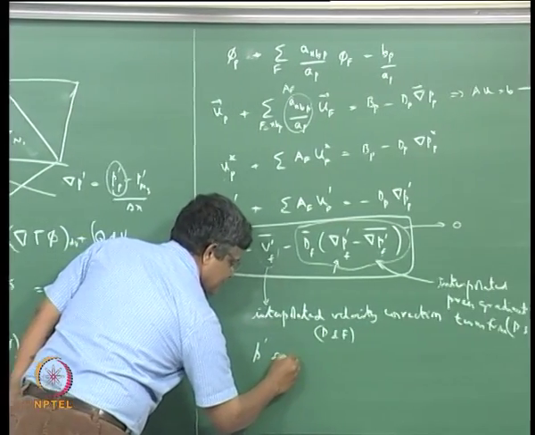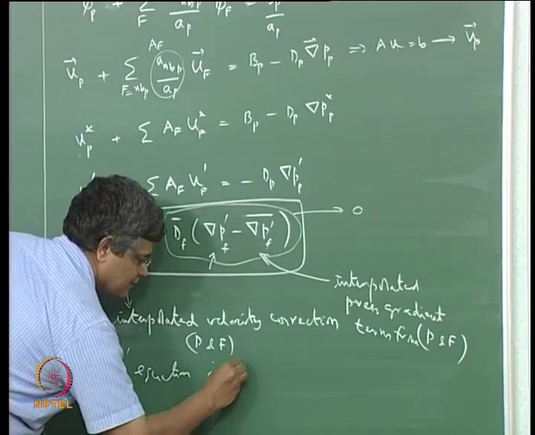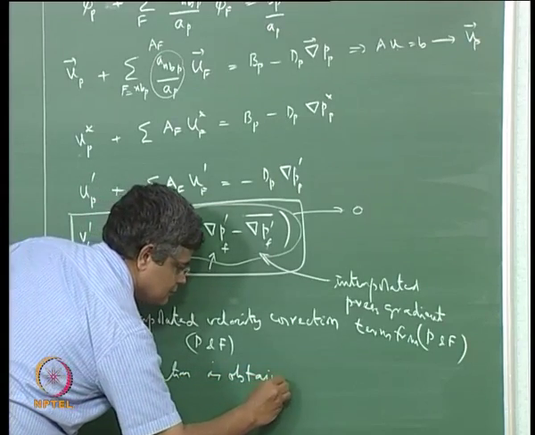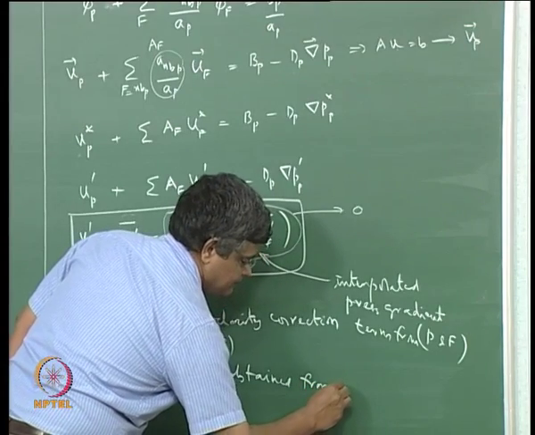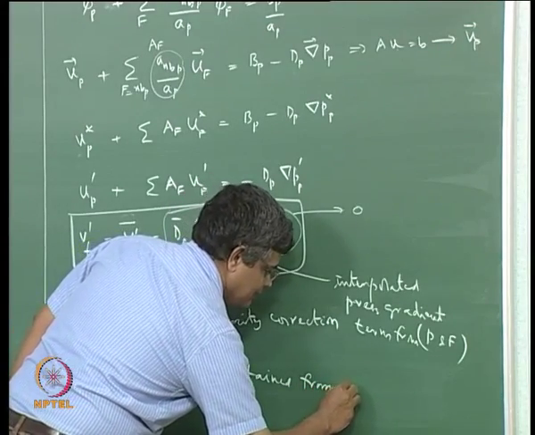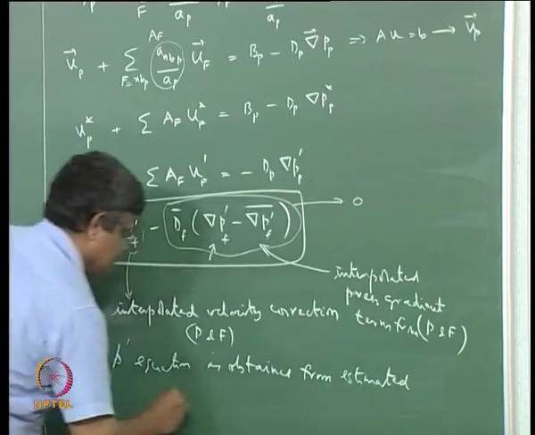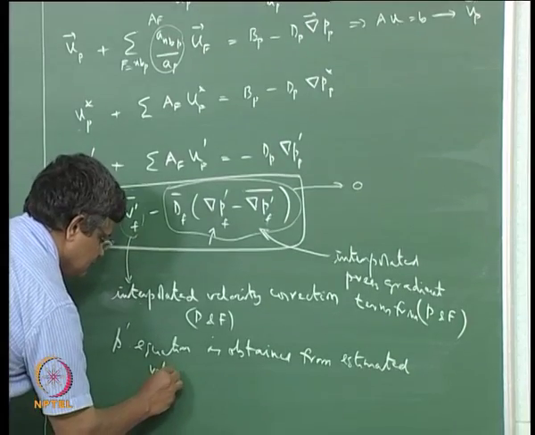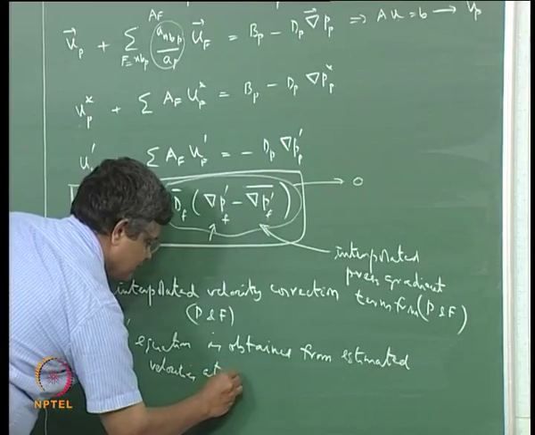So the pressure correction equation is obtained from the estimated velocity at all phases.